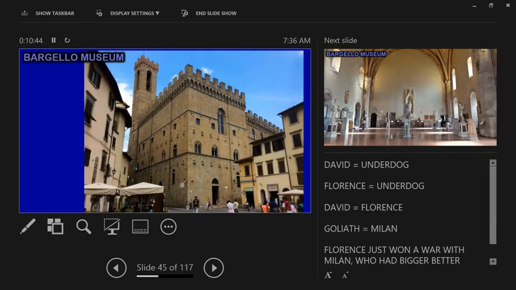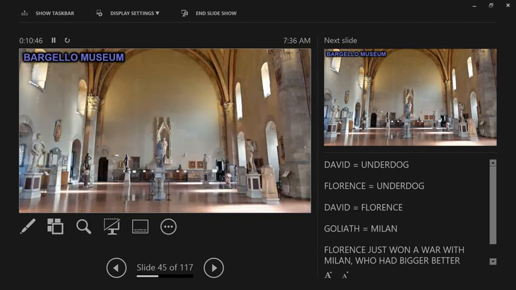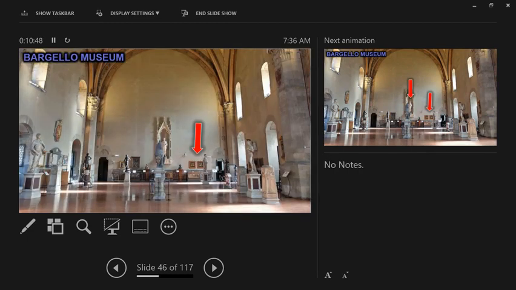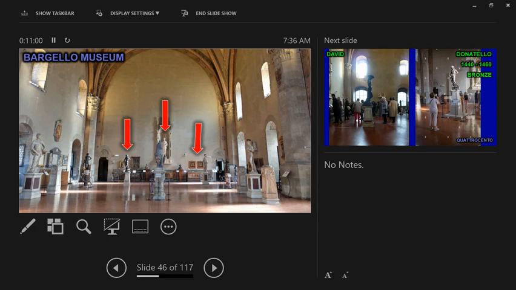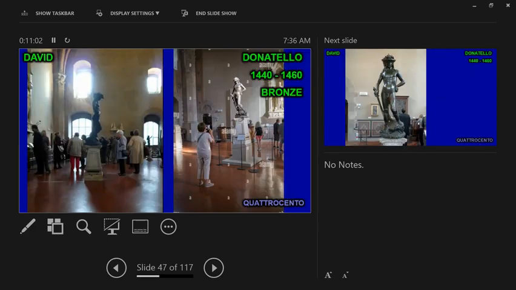All right, now we're going to go back to the Bargello Museum, back into this room. Do you guys remember those two entries for the contest for the doors? Do you remember St. George? Well, also in this room is the sculpture of David by Donatello, and I want you to know this sculpture for the test.